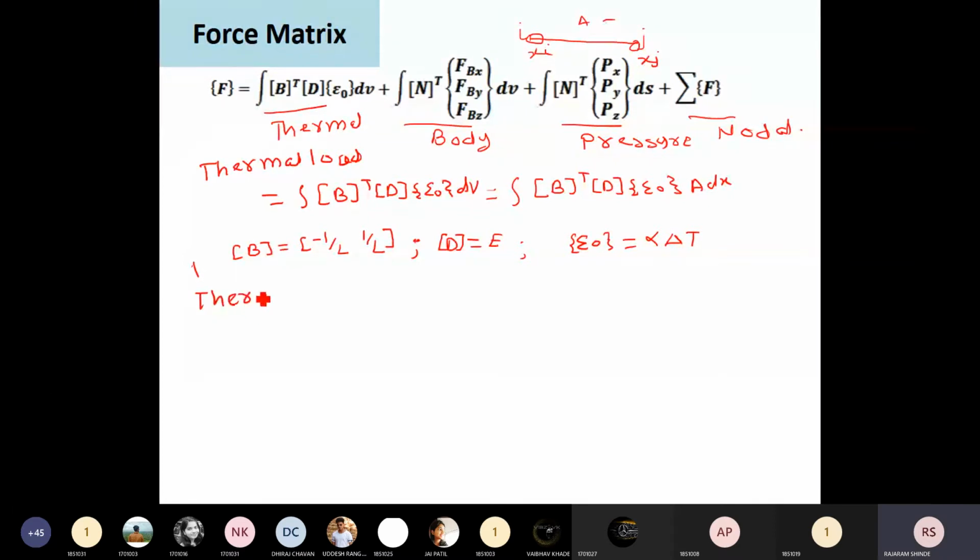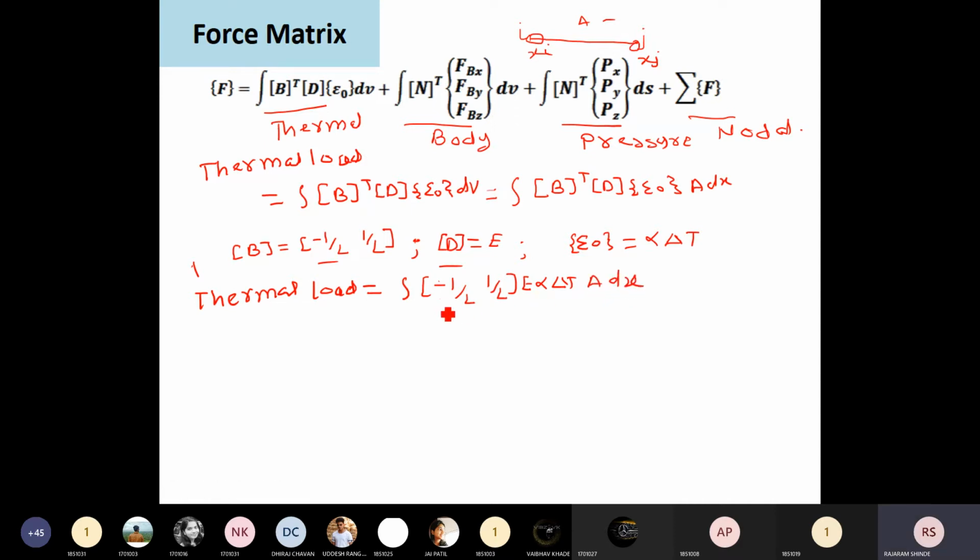So my thermal load is equal to the integration of, now I will put these values, minus 1 by L, 1 by L, next E, next alpha delta T, into A over dx.